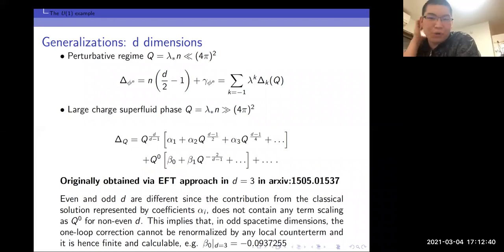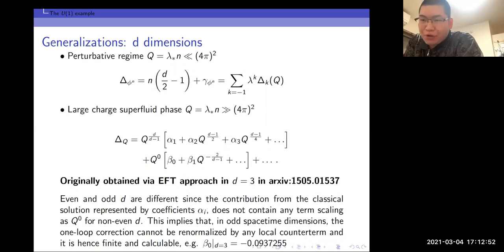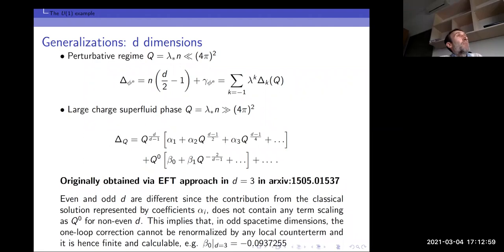Sorry, I have a question. Yes, please. Can this beta_0 be computed in the epsilon expansion? Has anyone done that? Let me think for a second. I think yes.